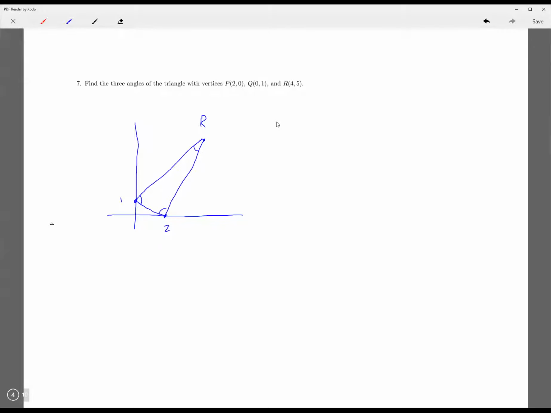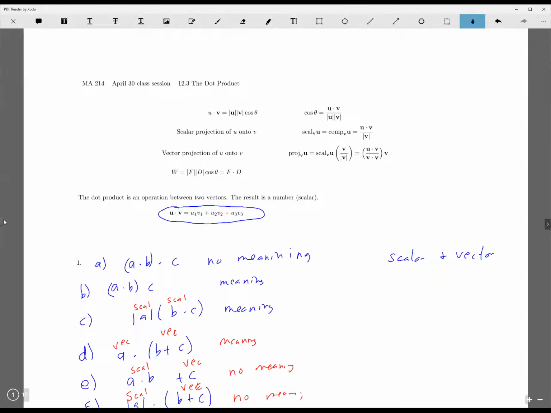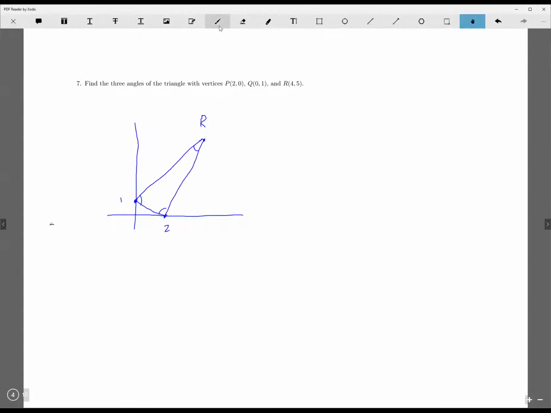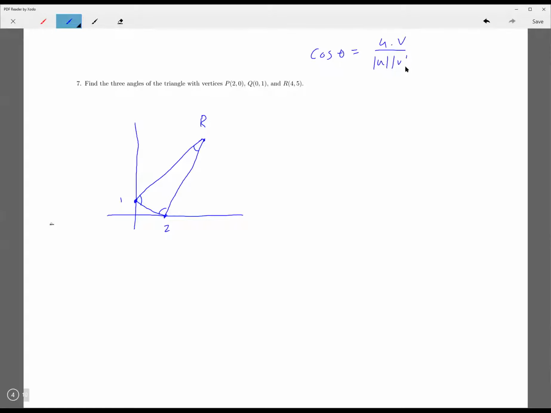Now we know this formula here, the cosine is u dot v over the magnitudes of u and v. So let's put that right up here. This is what we're going to shoot towards.